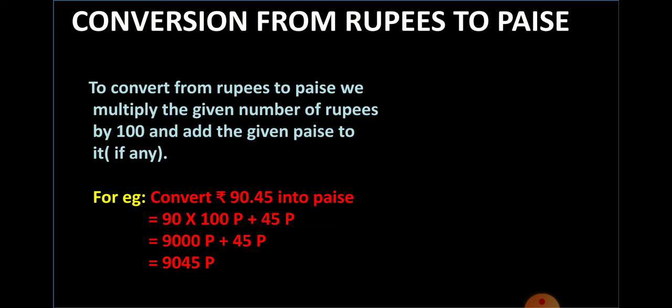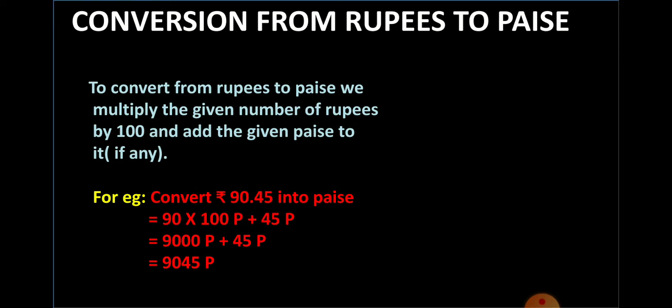For example, convert rupees 90.45 into paise. So as I told you earlier, the two digits that are written on the extreme right after the decimal always denote paise. So you can see 45, or it is 45 paise.